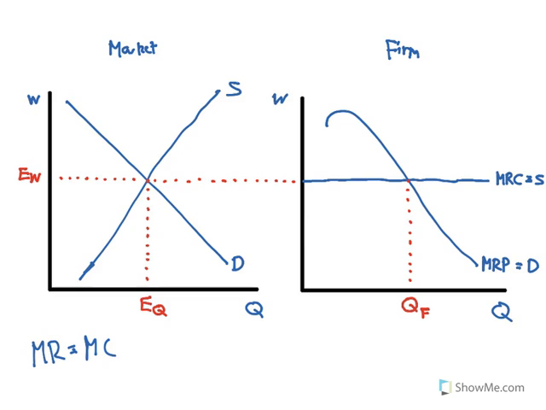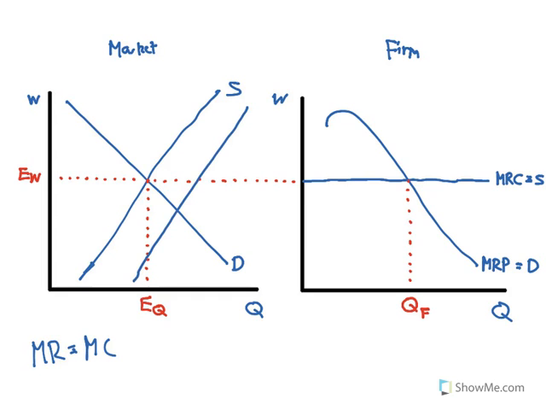Now, just like we did with the product markets, we can also show changes to the labor market and how that impacts the firm. So, for example, let's say there are more workers entering into the labor market. What's going to happen now? Well, we're going to see an increase in labor supply.